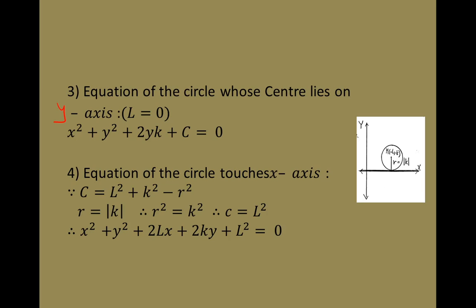Then r equals absolute k, then r squared equals k squared. Therefore, c, which equals L squared plus k squared minus r squared, here r equals k, then the constant value c equals L squared. Therefore, x squared plus y squared plus 2Lx plus 2ky plus L squared equals 0.